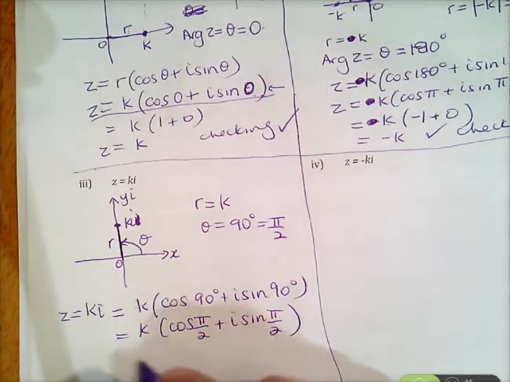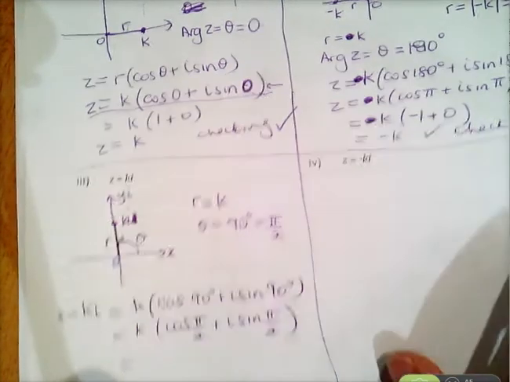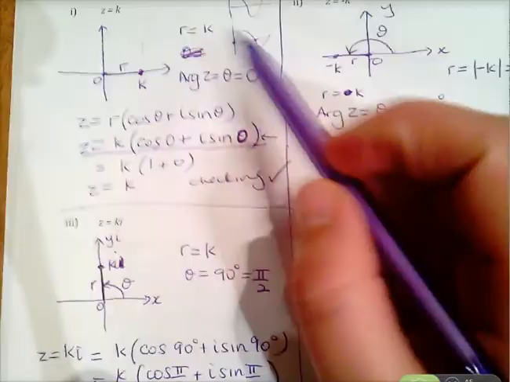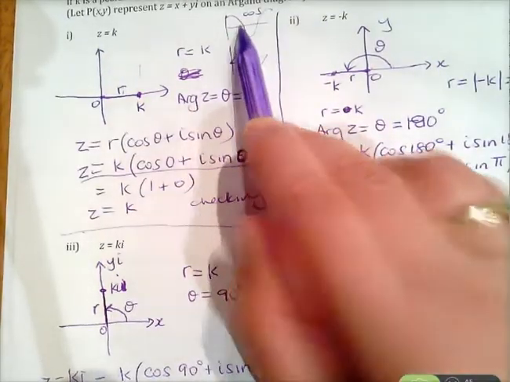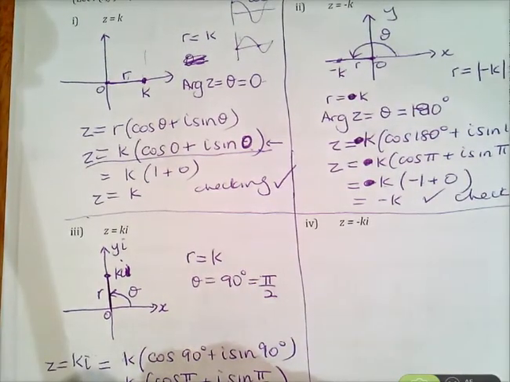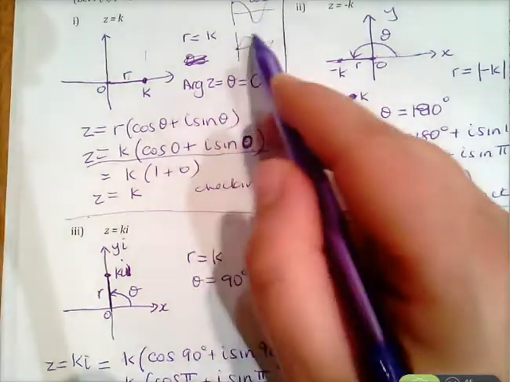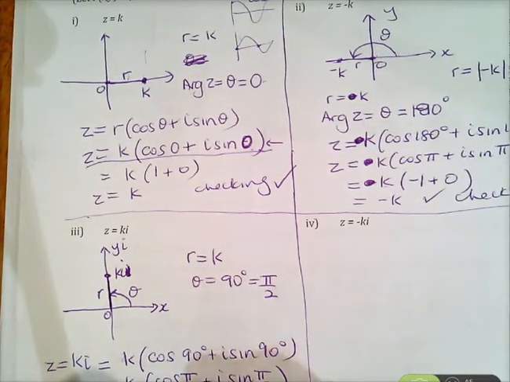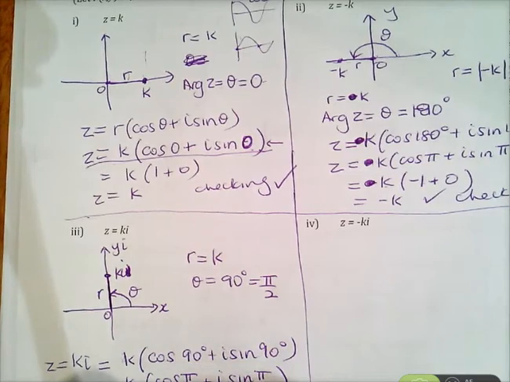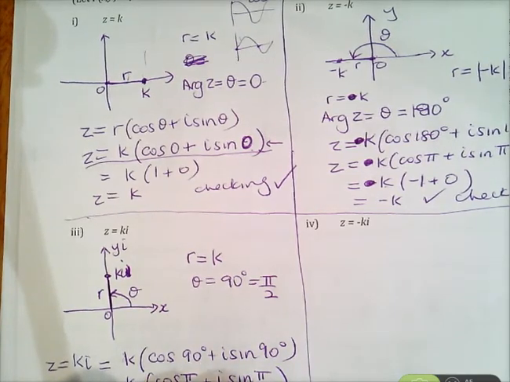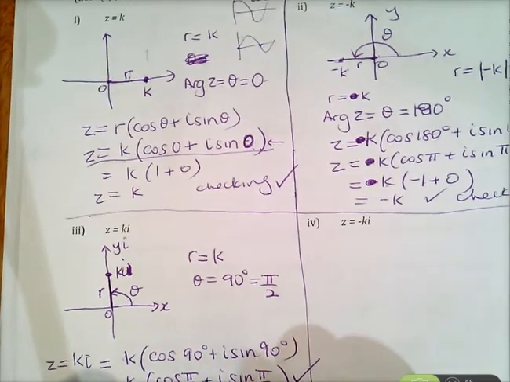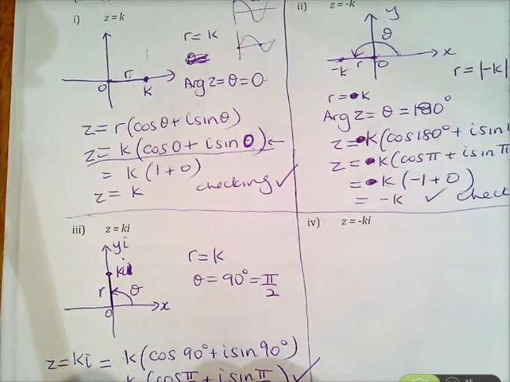Plus i sine pi on 2. And let's just check our answer. What's cos of 90? Well, up here, there's the cos curve. Cos of 90 is 0. So it's k times 0 plus sine of 90 is 1, plus i times 1. And that's why we get k times i, which is ki. So that's my answer. But this is just checking.